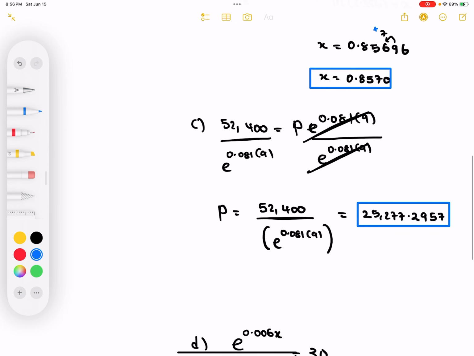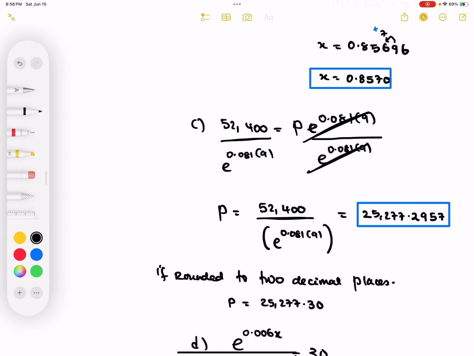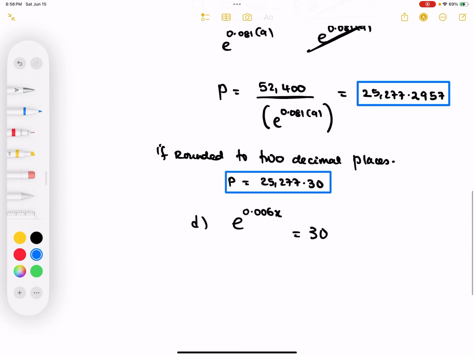If it is rounded to 2 decimal places, this becomes p is equal to 25,277.30. Look at the rounding. It depends on the question. Some of the questions say 2 decimal places.